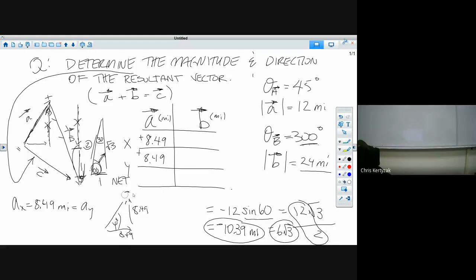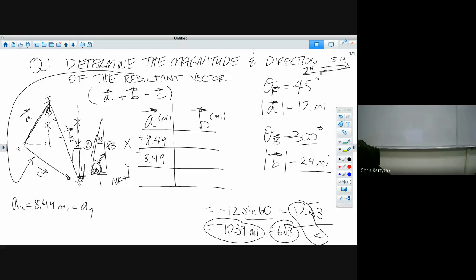Again, the net is just the extra amount in a certain direction. Like when we talk about net force, which we'll cover in the second unit, right? If someone says there's 5 newtons of force this way, and 7 newtons of force the other way, and some object is feeling both of those forces at the same time, 5 newtons to the right, 7 newtons to the left, what is the net force? It's the extra amount in a certain direction.